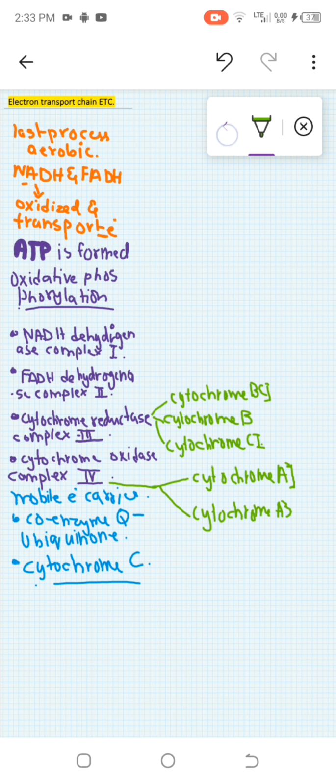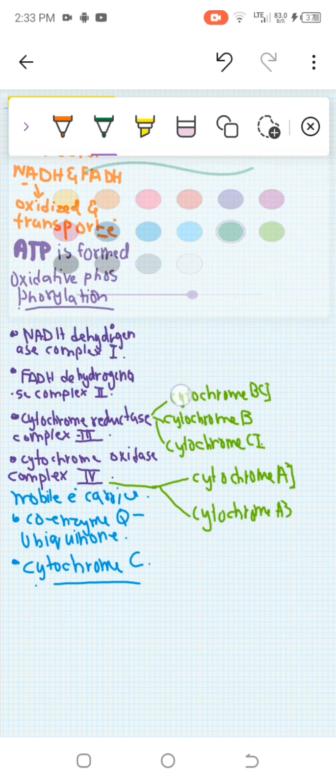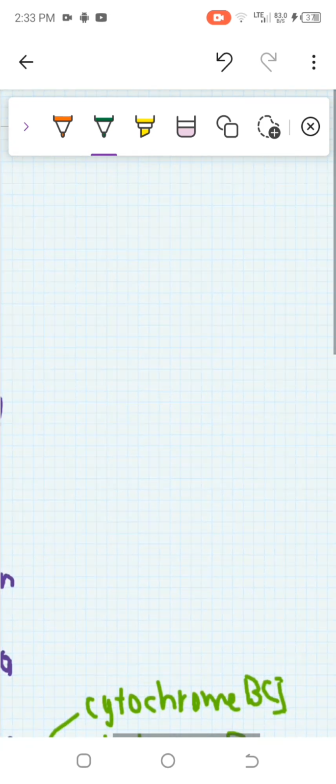One more point. Oxygen is the primary acceptor of electrons in the electron transport system.